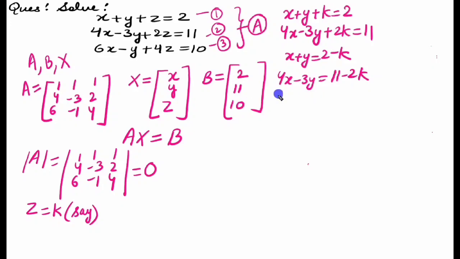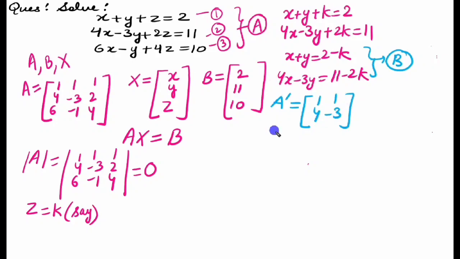For that, first of all we need the coefficient matrix A. Let us say the system B. For this system B, the coefficient matrix we will denote as A dash. Let us say this A dash will be written like this: 1, 4, 1 and minus 3. From the coefficients of x and y, we have written down this coefficient matrix like this. And then we will form a matrix X out of the variables.